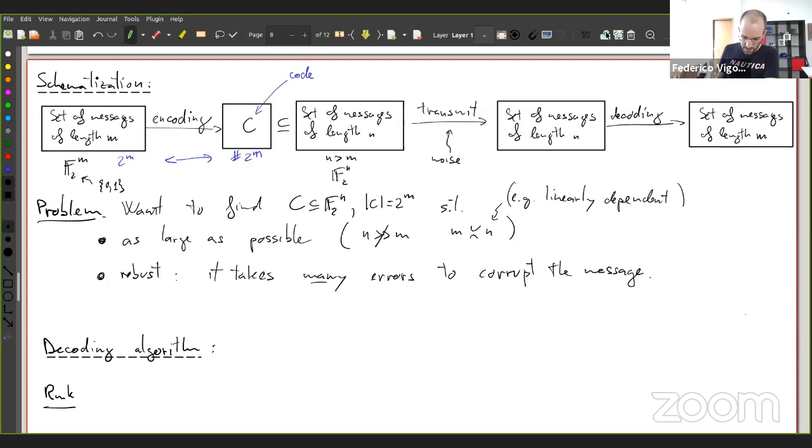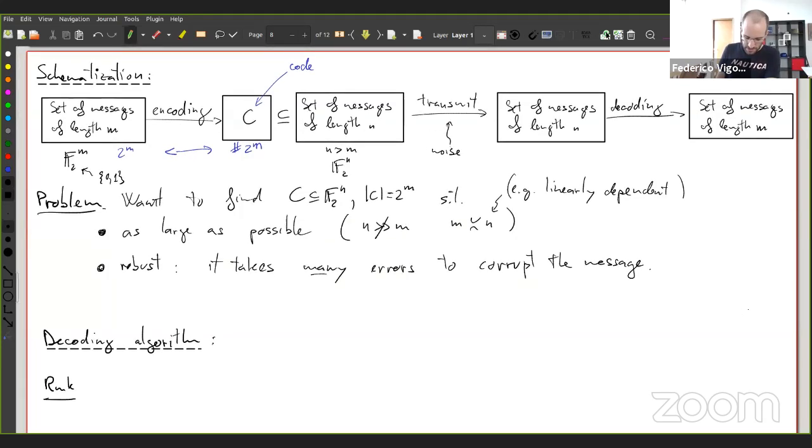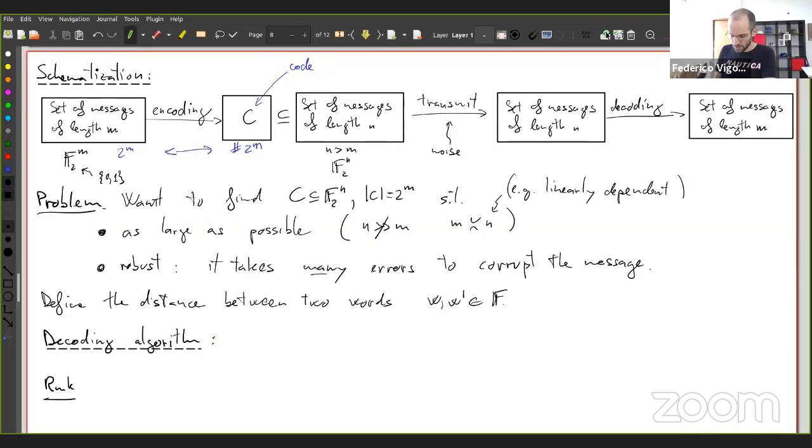Next, a little bit of notation: we can define a distance on the set of messages. The distance between two words W and W prime in F2 to the n is equal to the number of differences.